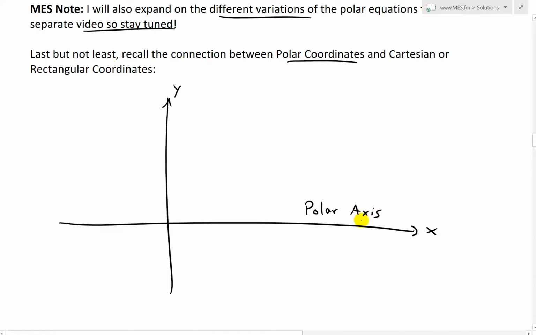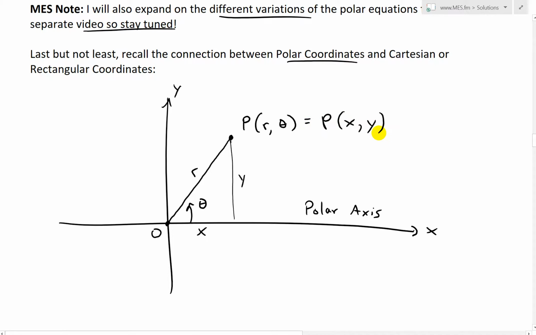If you have a point P here, in polar coordinates it has the distance to the origin, r, and the angle theta from the polar axis. In Cartesian coordinates, this is our y and this is our x coordinate. So the point is r, theta, and also P at x, y: the same point, just different coordinates.